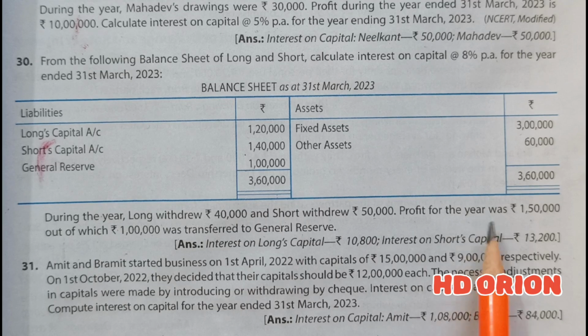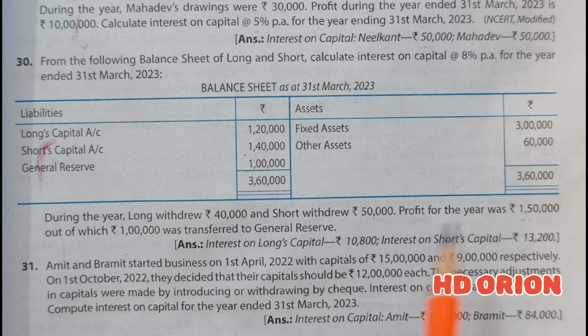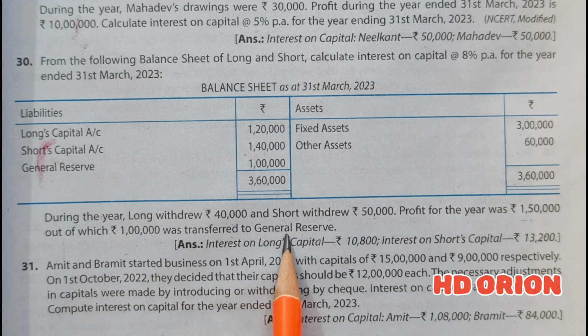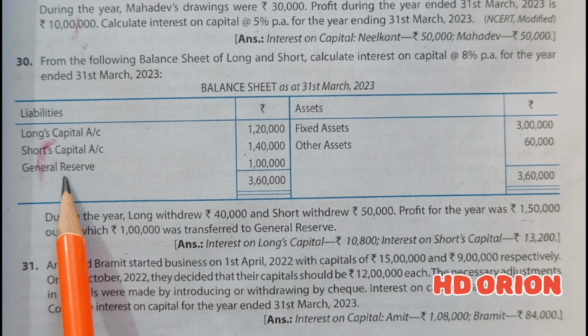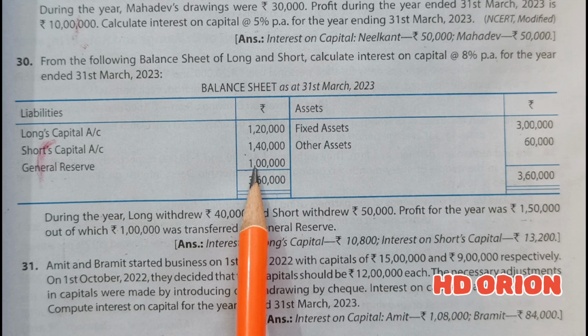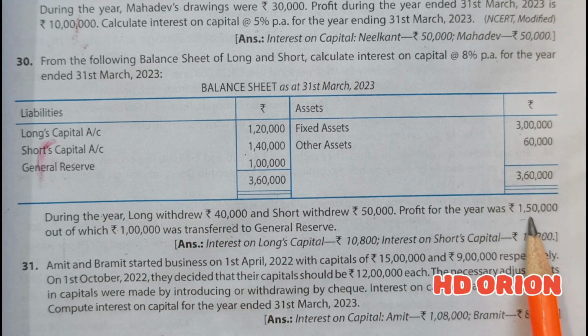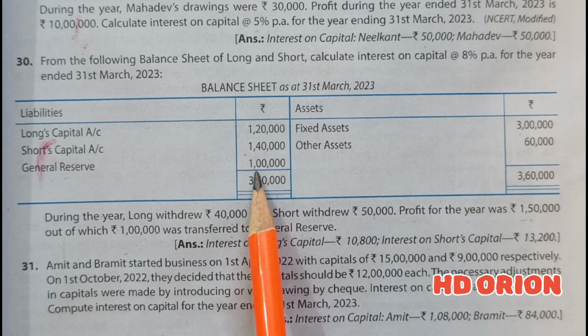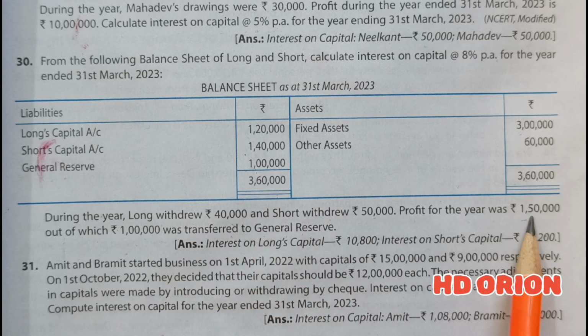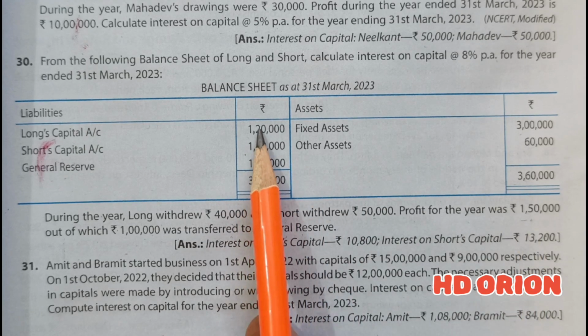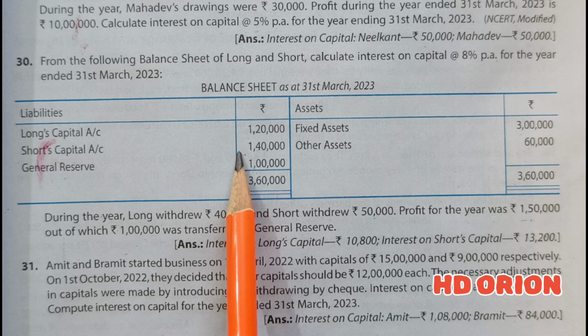Fine. The firm has earned a net profit of rupees 1,50,000, out of which 1 lakh is transferred to general reserve. So here is general reserve, which is showing 1 lakh rupees. So out of rupees 1,50,000, 1 lakh is general reserve. So remaining 50,000 is given to the partners in their partners' capital account.